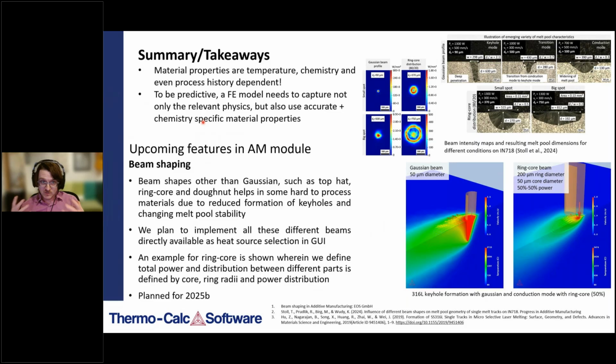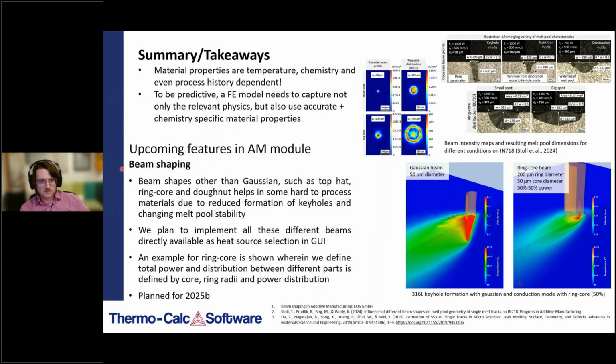And to be as predictive as possible, a finite element model needs to capture not only the relevant physics, but use the correct, accurate, chemistry-specific material properties. We hope that we're doing that here, and we hope that provides some value to the community at large. And hopefully you also learned how the software works in addition to all that.